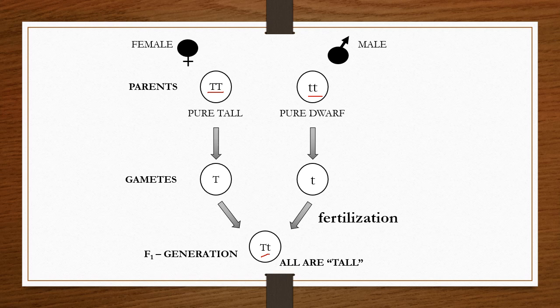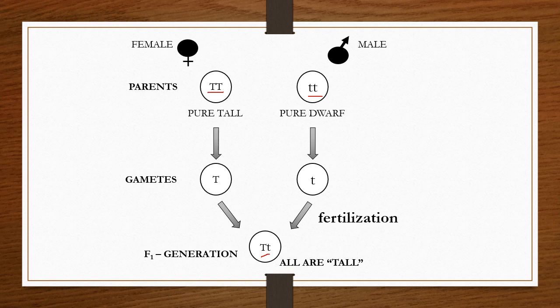So now what we discussed in this law of dominance. All the factors, genes, are present in pairs, and these factors are responsible for the character. Capital T is responsible for the character of tallness, and small t is responsible for the character of dwarf.